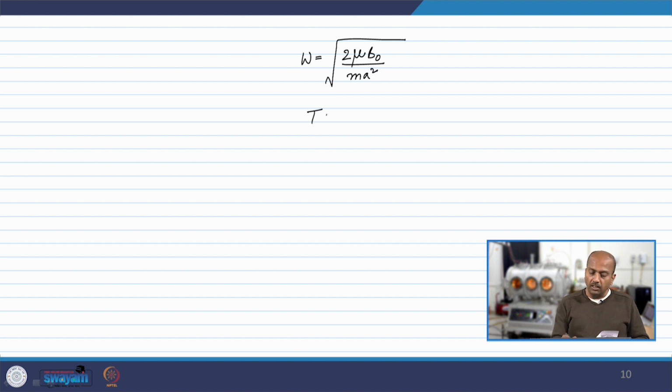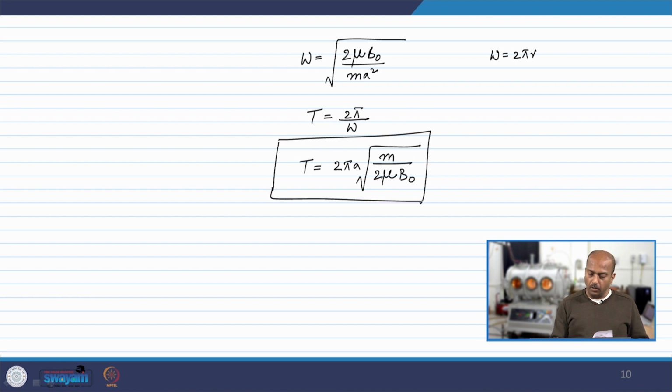So the time period associated with the simple harmonic motion is 2 pi by omega. Omega is angular frequency, omega is 2 pi nu. We know the value of omega, right? So we can write the time period as 2 pi A square root of m by 2 mu B naught, right.